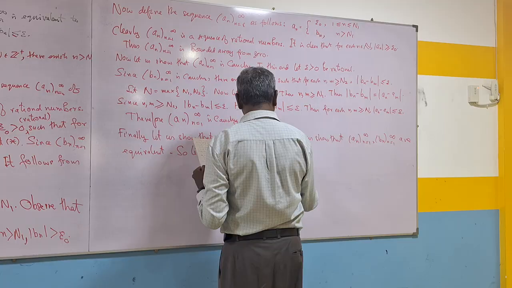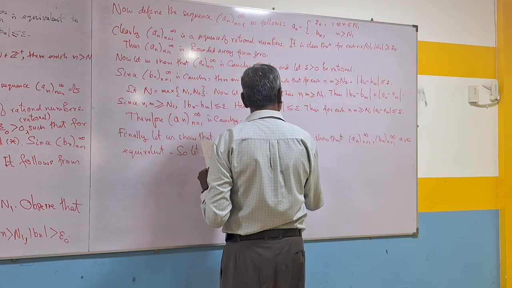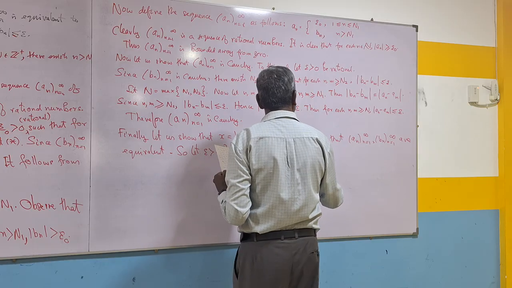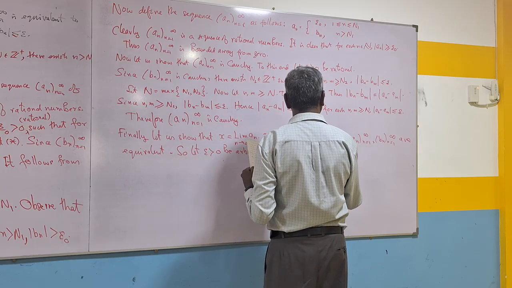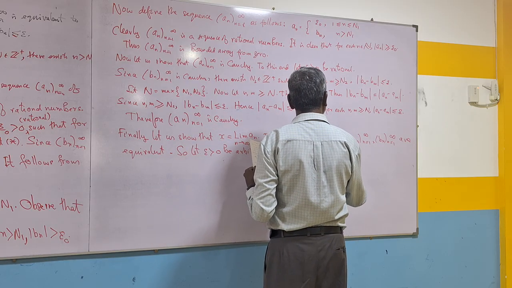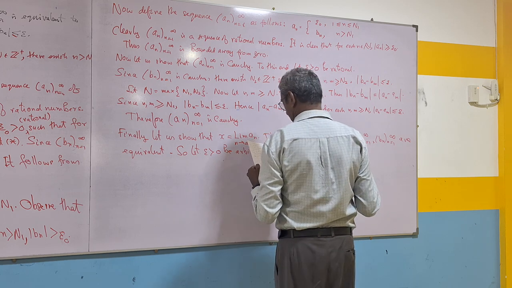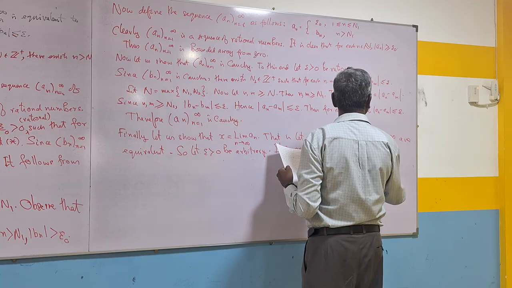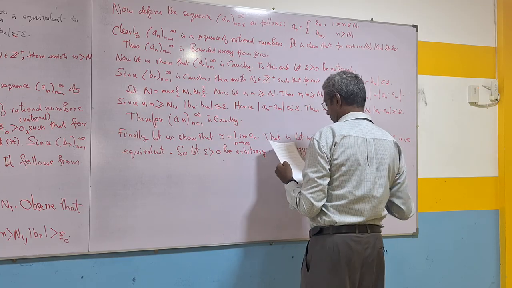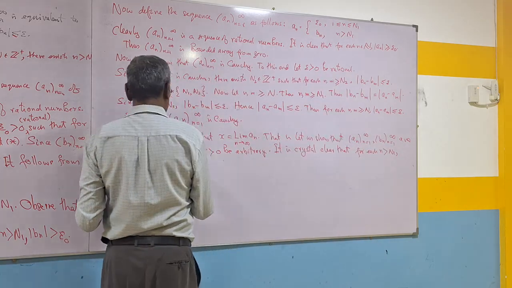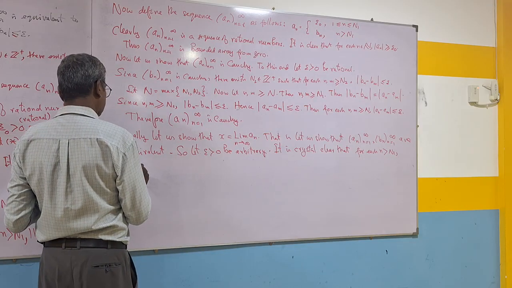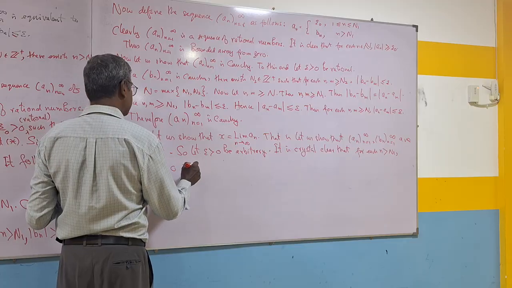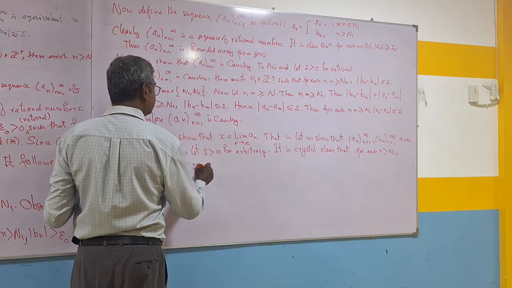It is crystal clear, that I just wrote this thing. In proofs you don't use the word crystal clear, but I used it here. It is crystal clear that for each n greater than N1, |An minus Bn| is equal to 0, less than epsilon, as desired.